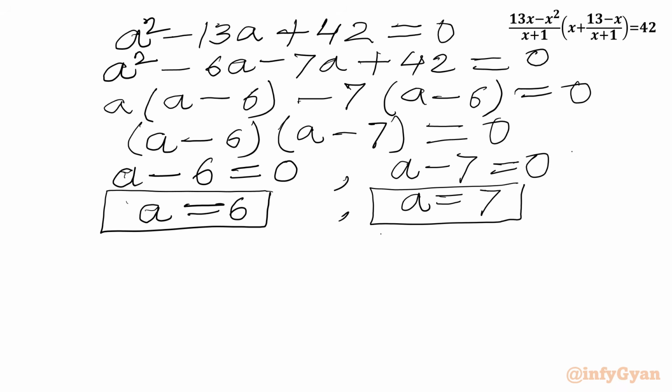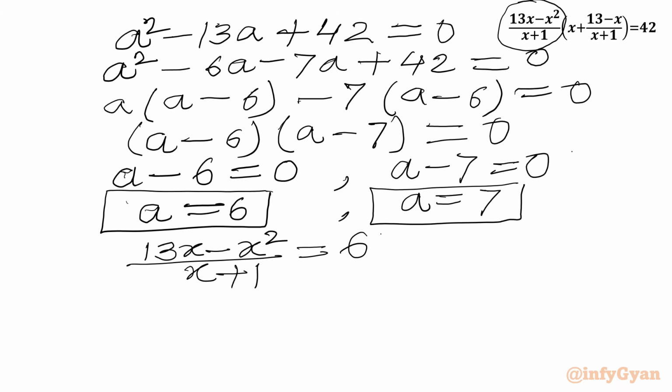And a is (13x minus x square) over (x plus 1). So we'll write here (13x minus x square) over (x plus 1) equal to 6, and equal to 7. So let's solve the first equation first. We'll cross multiply.